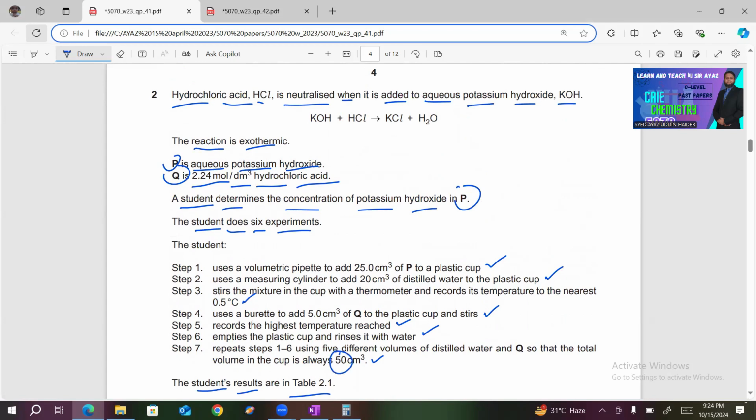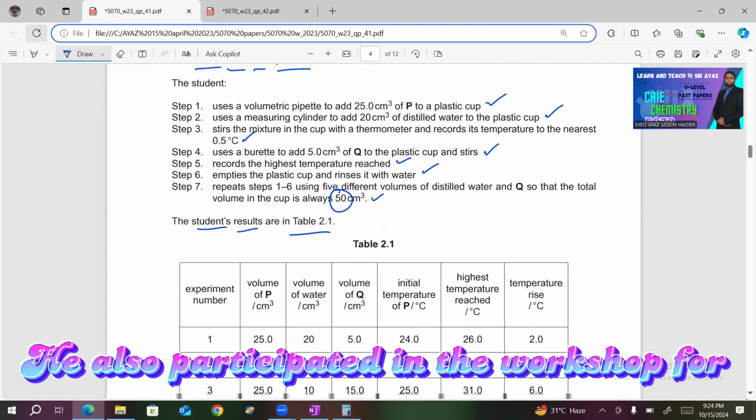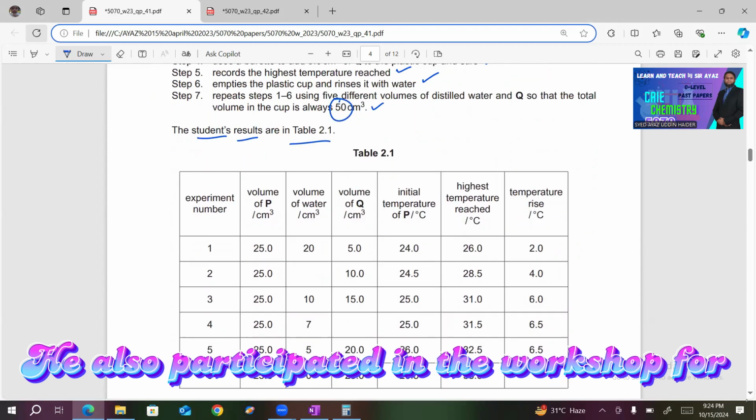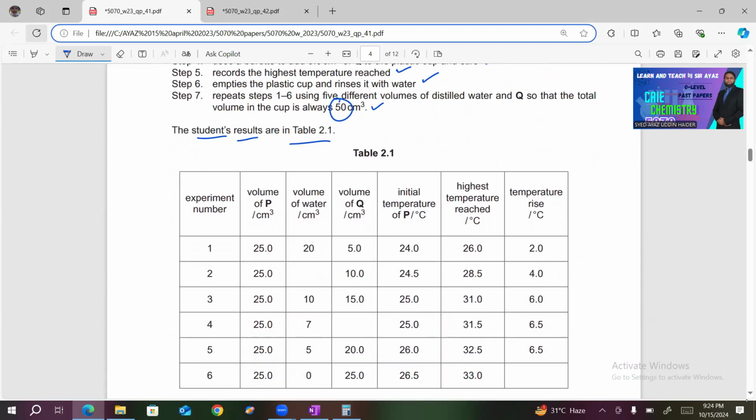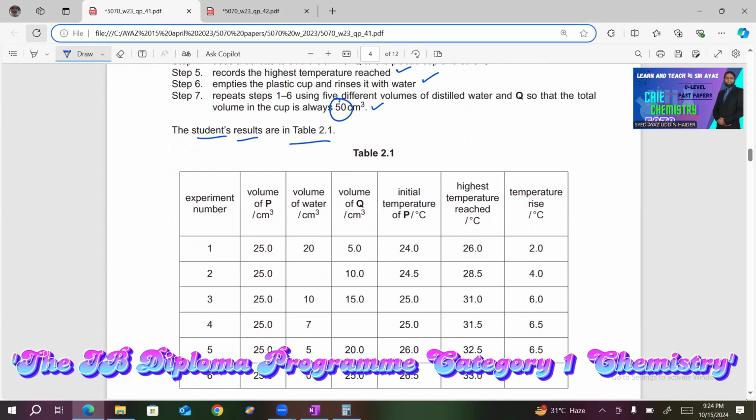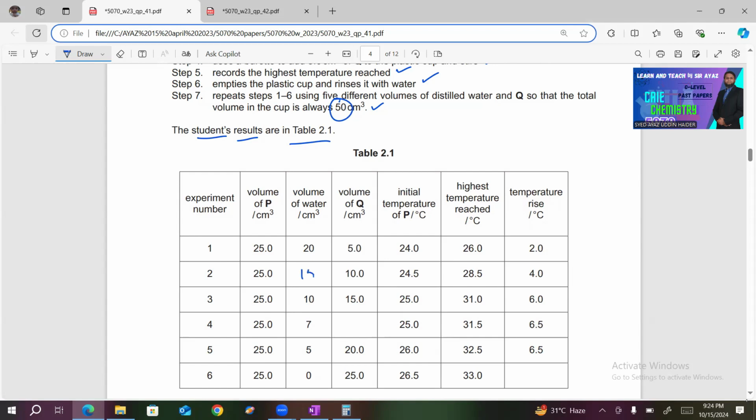It's mentioned here. So in number 2, 25 plus 10 gives 35. So we have to write 15 in order to make it 50. In experiment number 4, 25 plus 7, we get 32. So you have to add 18 centimeter cube of Q to make it 50.